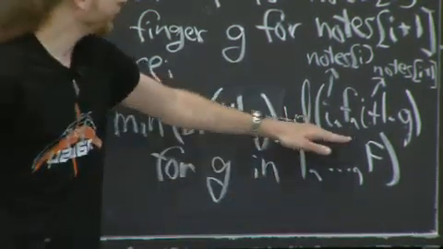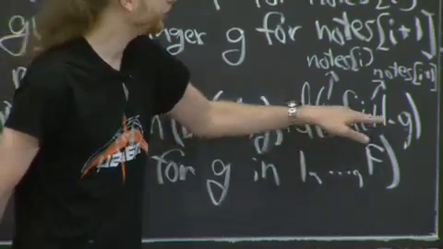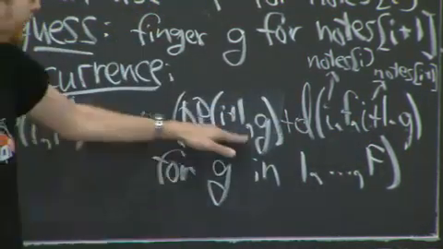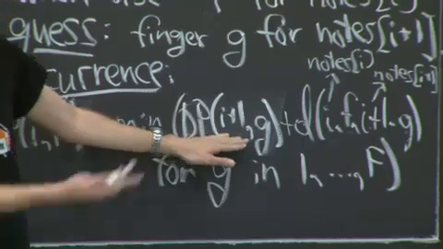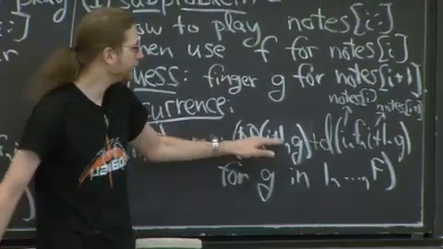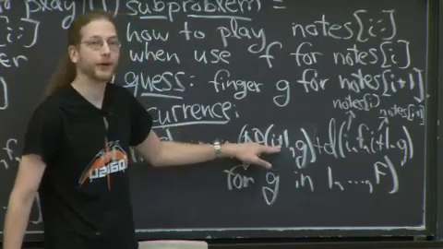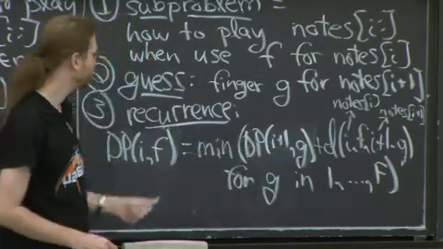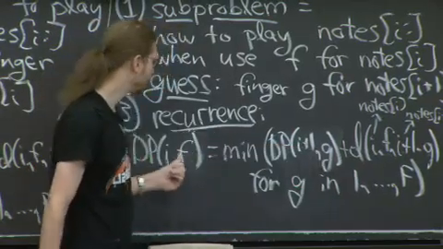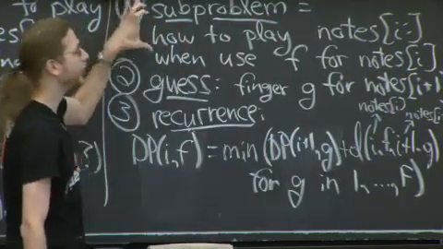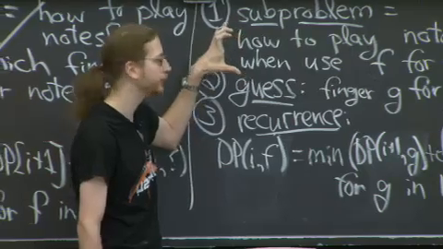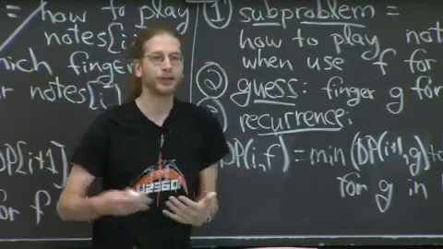So I have to pay this transition cost. What does it take to make that transition from i to i plus 1? And then what does it take to do the rest of the notes, given that now finger g is playing the note i plus 1? So we transition from f to g, and that's now kept track of in the subproblem. This is the magic of defining more subproblems. We needed to know where our finger used to be.